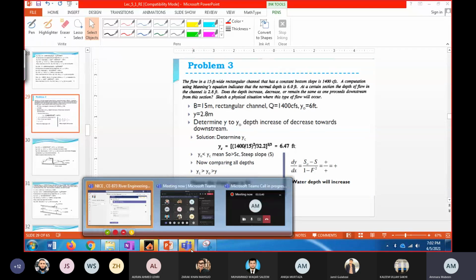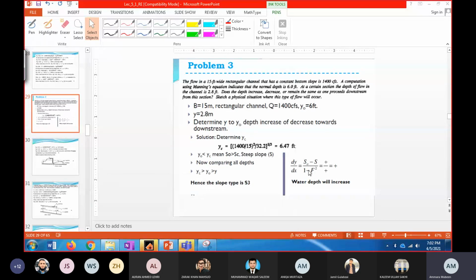Am I audible? Yes, you are. Okay, so please check this: in the numerator, it is written positive, so here it will be negative. Similarly, the Froude number would be greater than 1 as the flow is supercritical, and the depth value is less than YC.